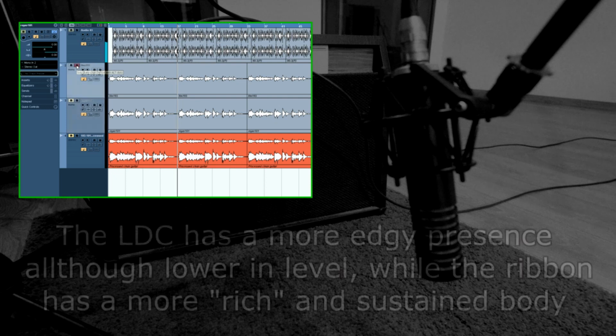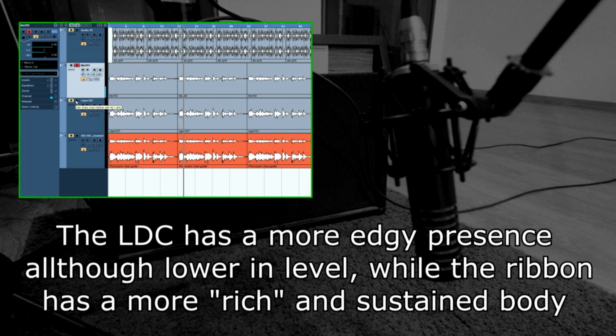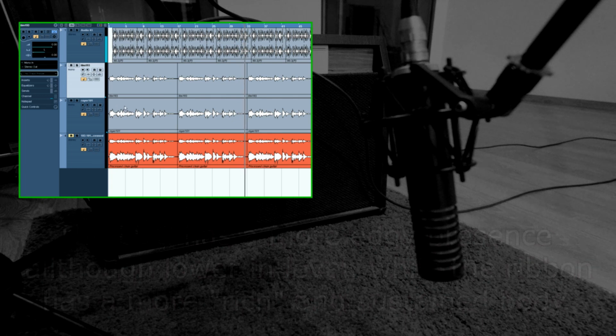Now let's listen to the two tracks in solo. As you listen, the LDC has a more crispy sound, while the ribbon has a more sustained and low-mid focused sound with a percentage of ambience from the figure 8 pattern.